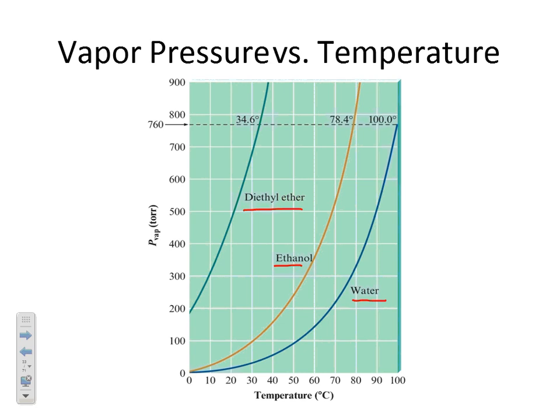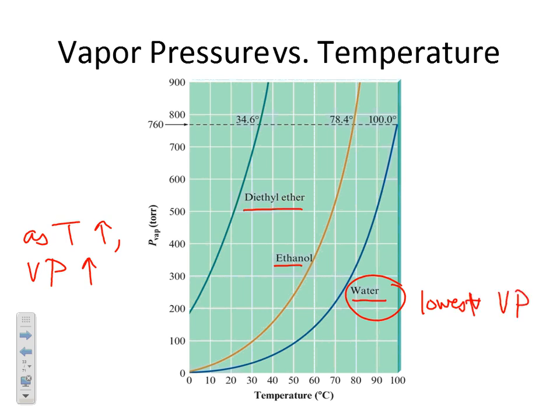You'll notice that for all of them, as temperature goes up, their vapor pressure is increasing. That's simply showing that more liquid is evaporating and generating vapor pressure at a higher temperature. You'll also notice that of these three, water has the lowest vapor pressure.